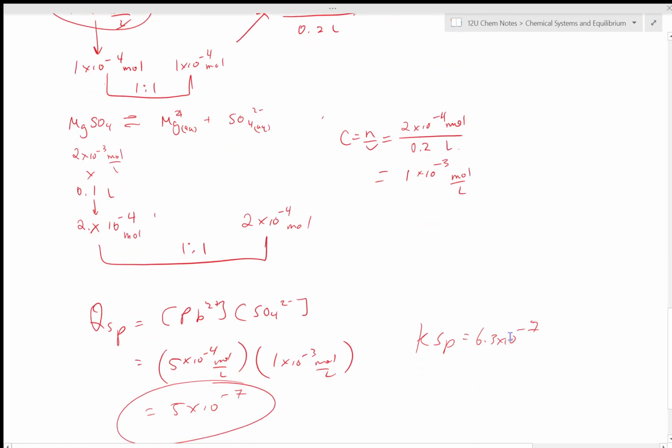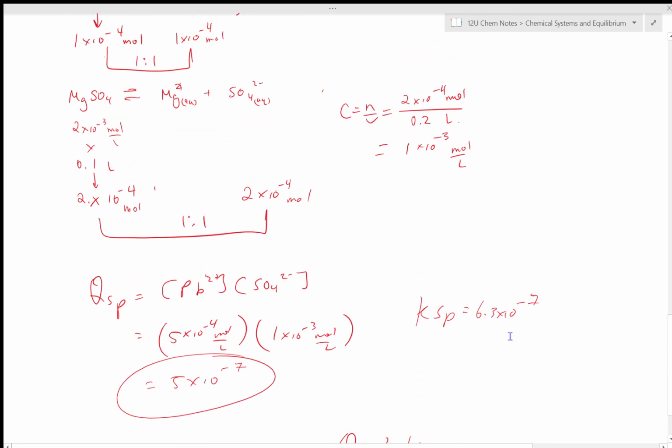Now that I have that, I can determine the QSP value. So remember when we talked about Kc and Qc, the reaction quotient was the exact same equation, but it talked about the concentrations currently, before we actually get these things to mix together. So QSP is equal to the concentration of lead times the concentration of the sulfate ion.